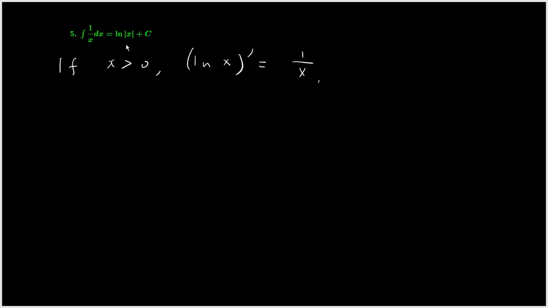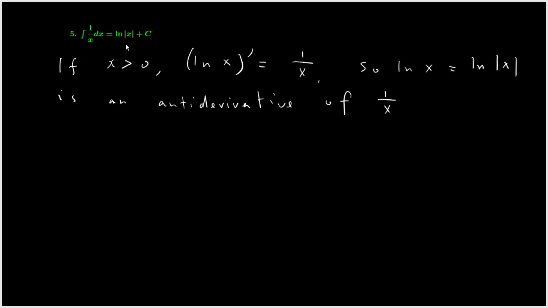So in the case that x is positive, natural log of x, which is the same thing as natural log of the absolute value of x, because x is positive, x is the same thing as the absolute value of x, is an antiderivative of 1 over x. So that's true when x is positive. Actually, the same formula is also true when x is negative.